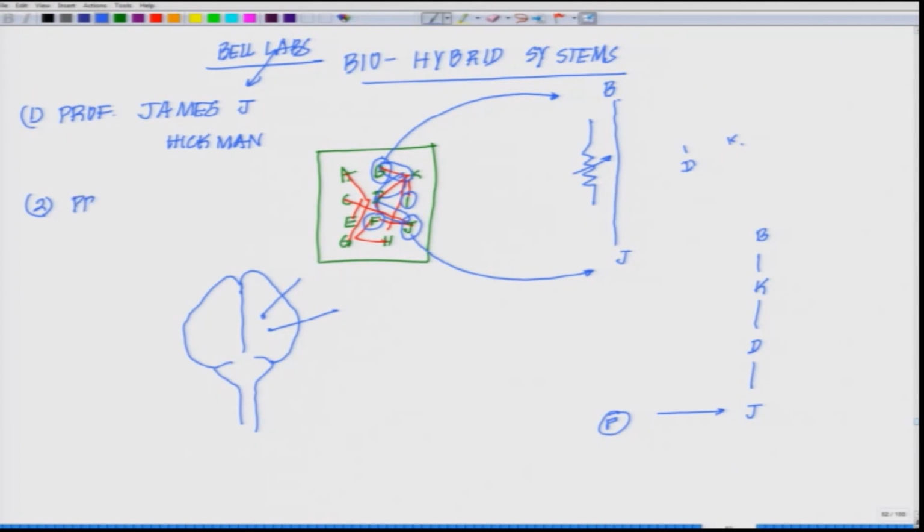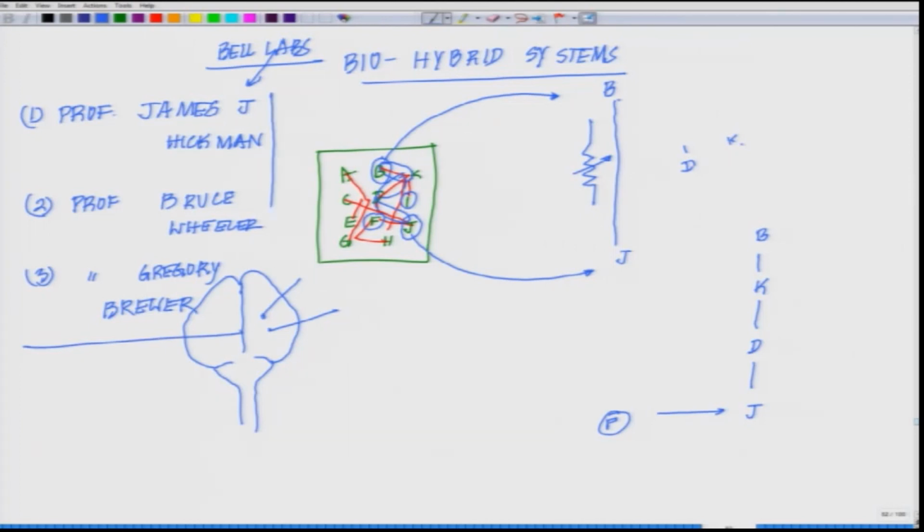Then you have Professor Bruce Wheeler, Professor Gregory Brewer, and in the same vein you can look for the people who have worked in Germany on field effect transistors, ISFETs, ionic field effect transistors, and microelectrode arrays.